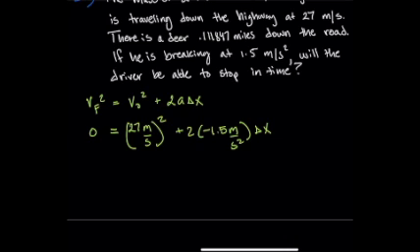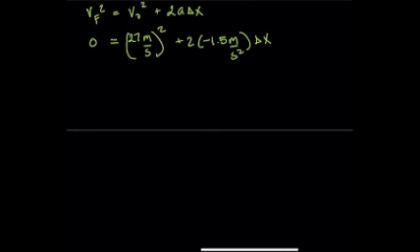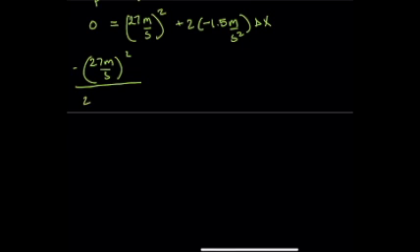And we're solving for displacement. So what you want to do is isolate delta x by subtracting this quantity from both sides and dividing by 2 times 1.5, and you should get this number.